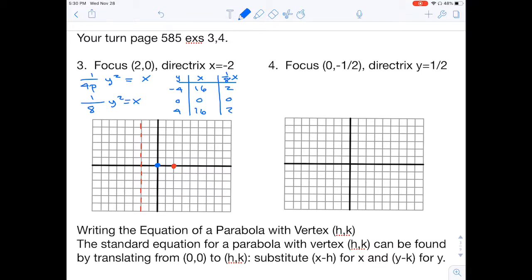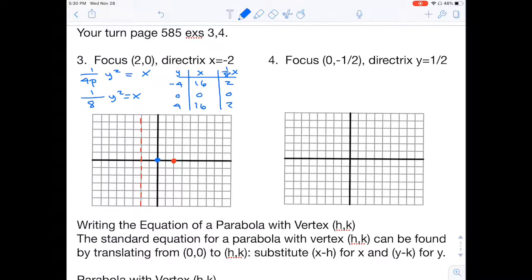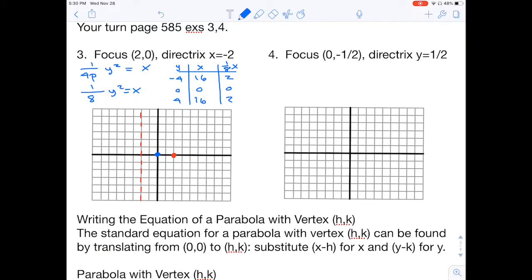So my points are going to be (2, -4) and (2, 4). I hope that's right. Okay, and when you're finished, something like that.